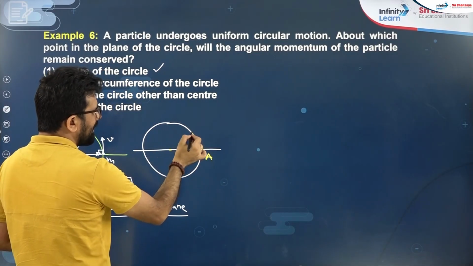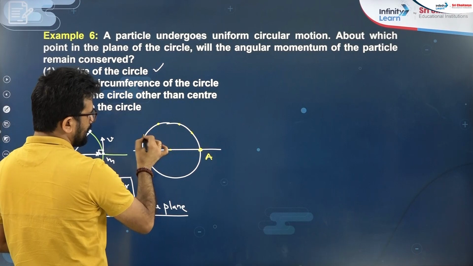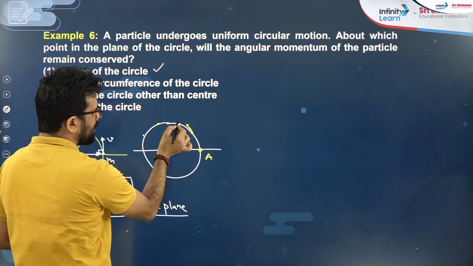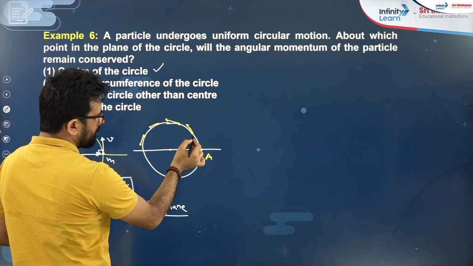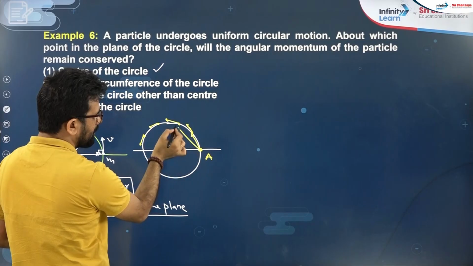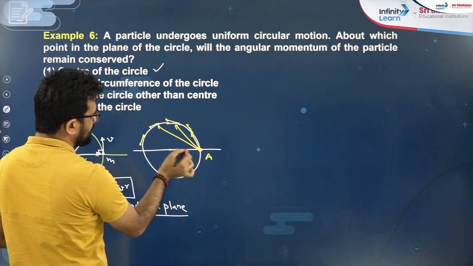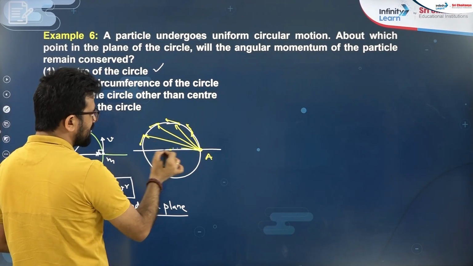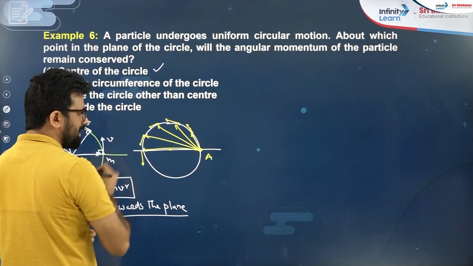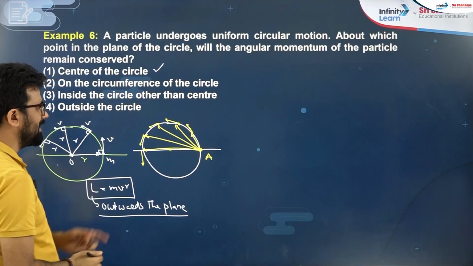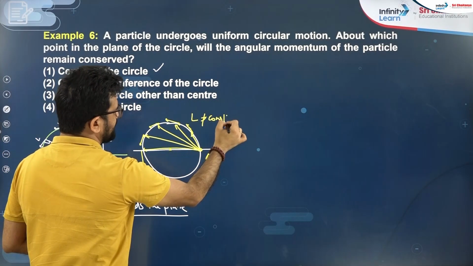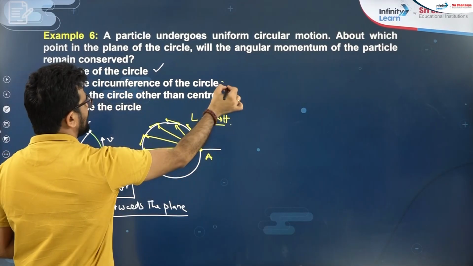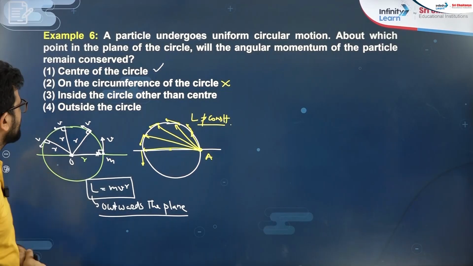When the particle is at different points, here or here or here, from A to the particle you join the r vector. r is changing continuously. If r is changing continuously, v is the same, m is the same, definitely angular momentum is not constant here. That means the second is not possible.